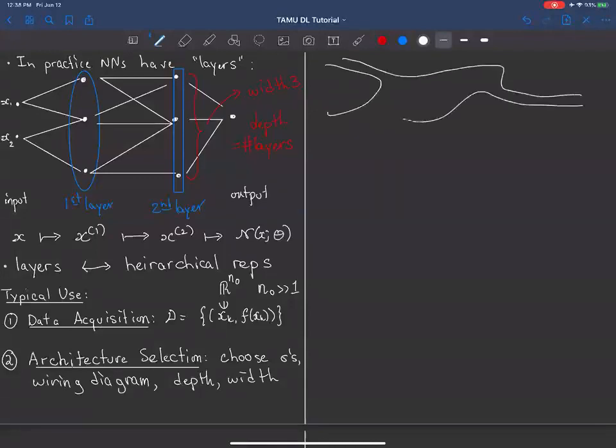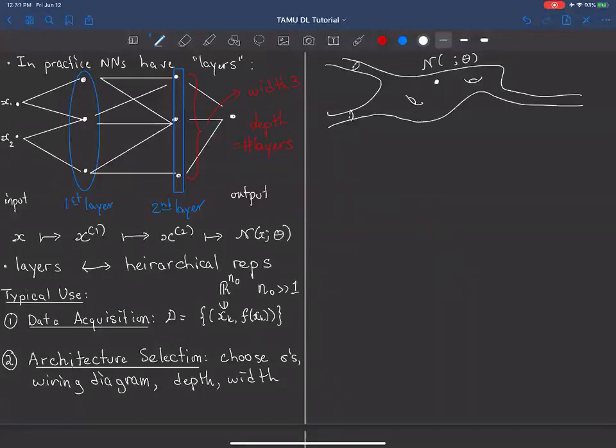I think of the space of functions that a neural network can compute with a fixed wiring diagram as some interesting nonlinear manifold of functions. Every point in this manifold is given by the function computed by a particular value of the trainable parameters theta. Here N is my neural network. So every point here is some value of theta. The goal is to find a good setting of parameters theta to fit your data set.